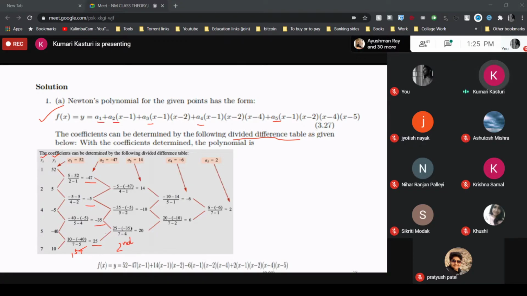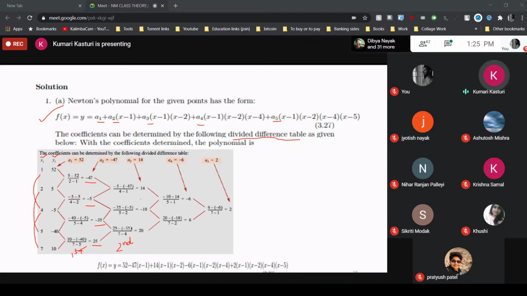The second divided difference will be calculated from the results you found in the first. So this is (minus 5 minus 47) divided by (4 minus 1). Then (minus 35 minus 5) divided by (5 minus 2). Then (25 minus 35) divided by (7 minus 4).